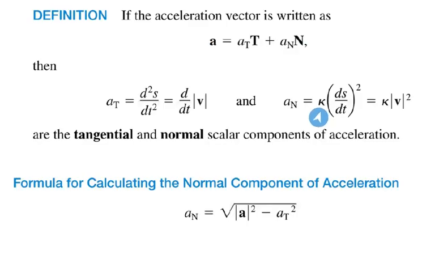And since finding kappa can be so labor intensive, we have another formula here that helps us find that normal component of the acceleration vector. And so that is the square root of the acceleration vector's magnitude squared minus the tangential component of the acceleration vector squared.